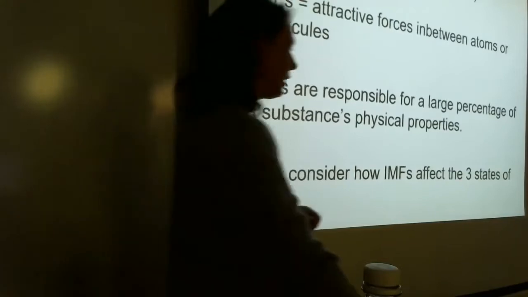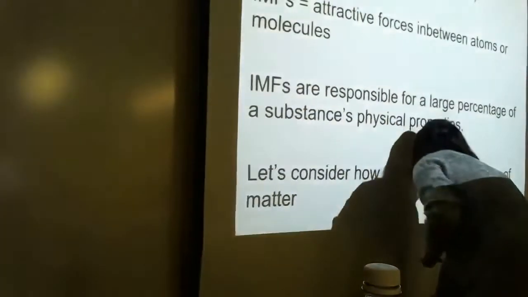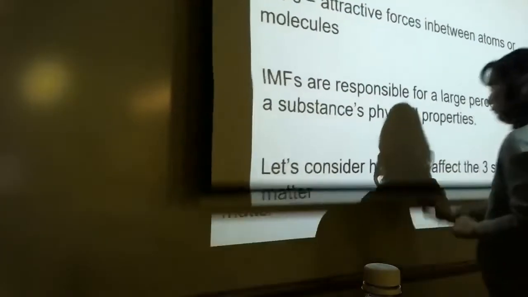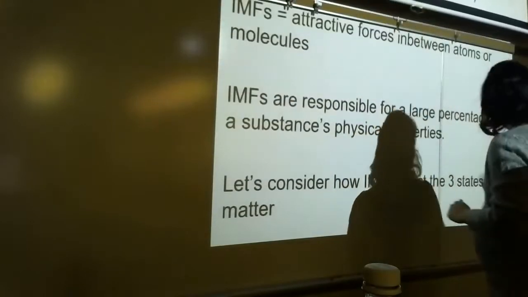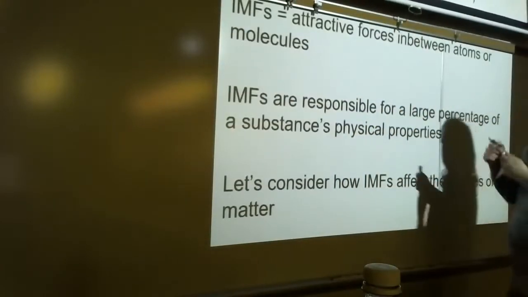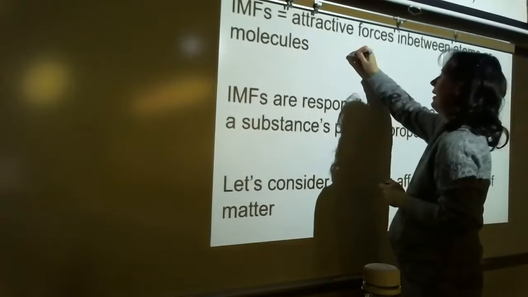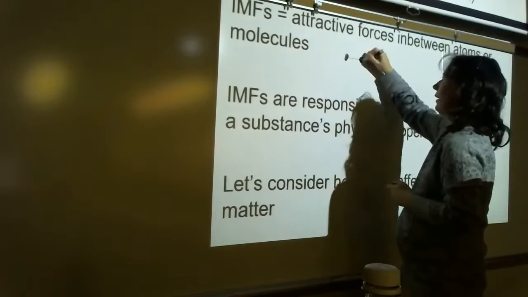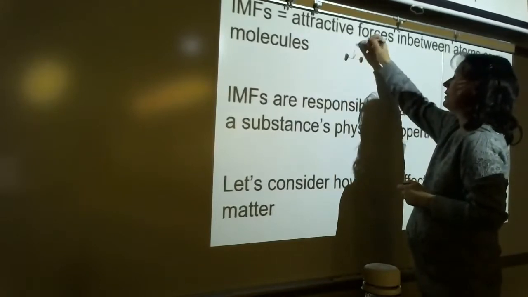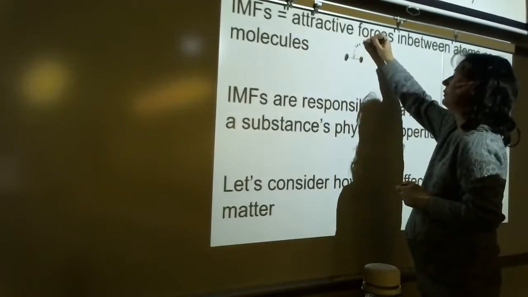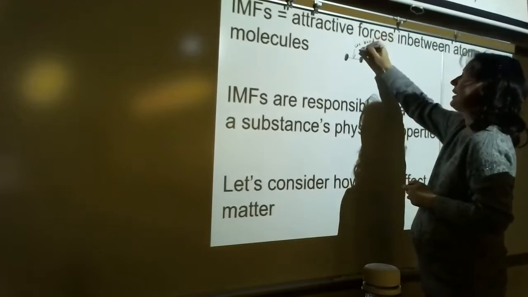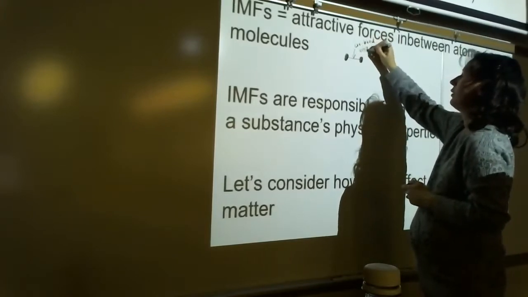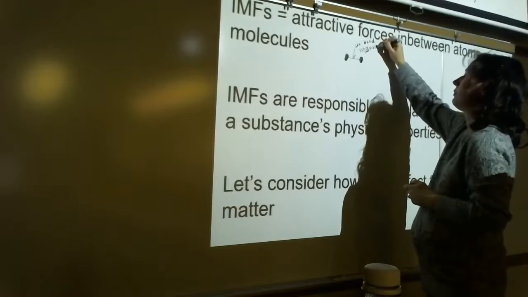And so it's really important that we differentiate between intermolecular forces and intramolecular forces. So if this is my atom, and here's its bond to another atom, this is a covalent bond. Yes, that's an intramolecular force.